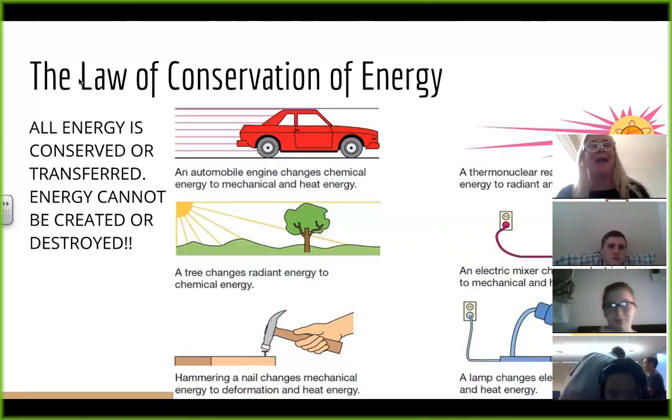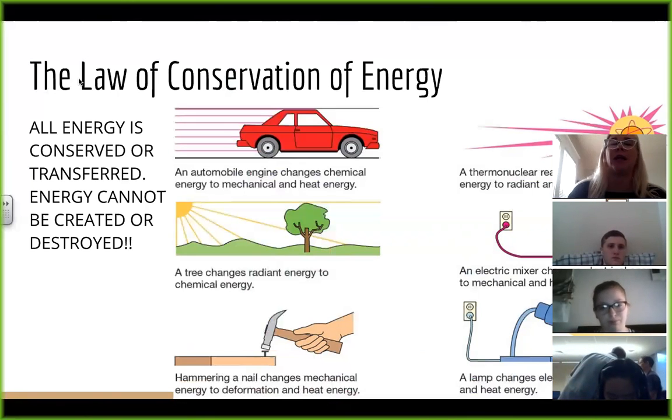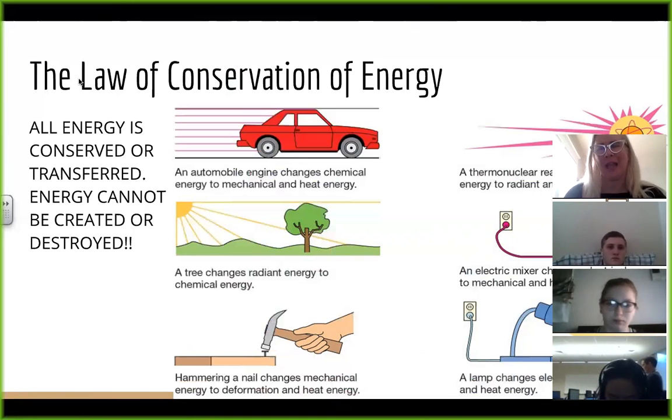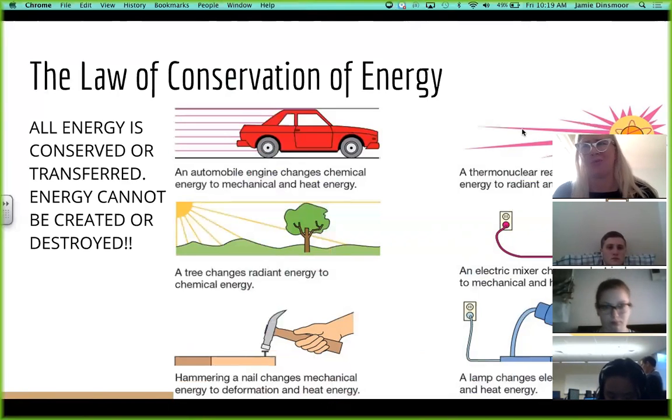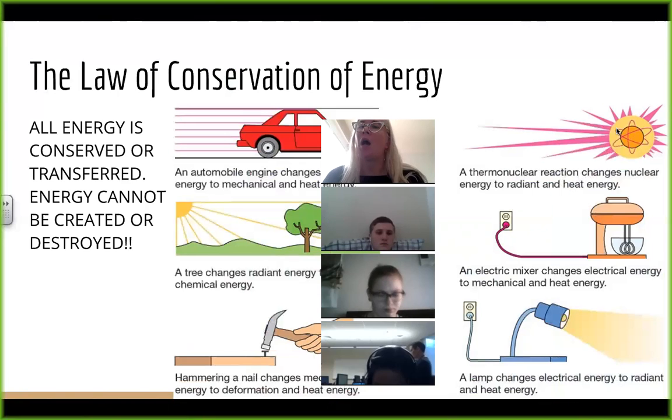There we go. Hammering a nail, right? You're taking mechanical energy and creating heat energy, and it says here deformation energy, which is a weird sounding energy. We can have thermonuclear reactions, which take nuclear energy and turn it into radiant and heat energy.